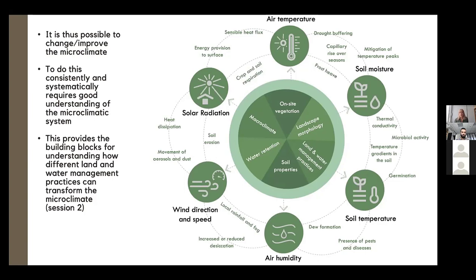But to do this more consistently and systematically, this requires very good understanding of the microclimatic system. And this understanding then provides the building blocks for understanding how different land and water management practices can then actually transform the microclimate. So we'll talk more about these practices in the second session, so in half an hour or so. But I will first elaborate a bit more on how the system works.